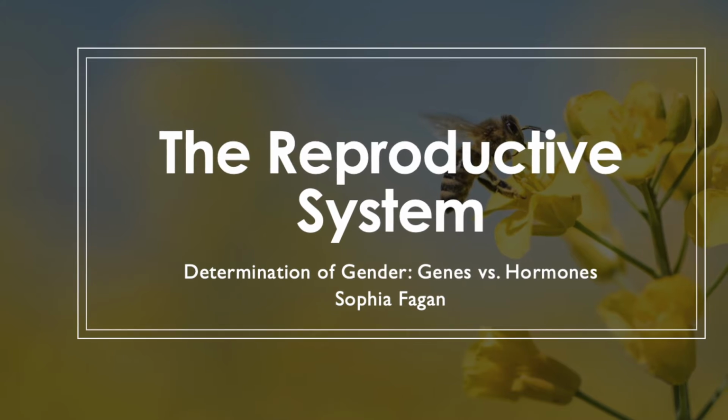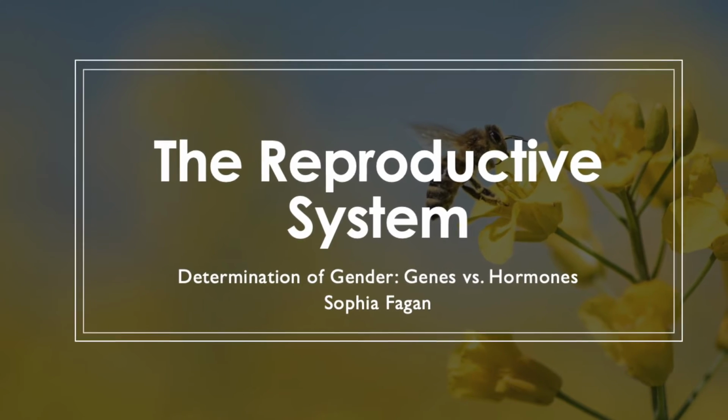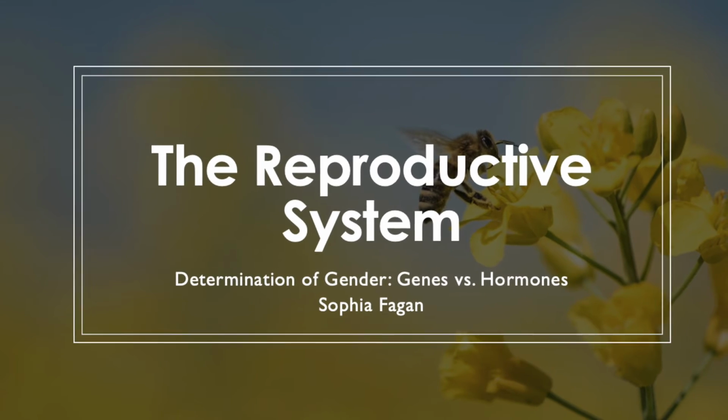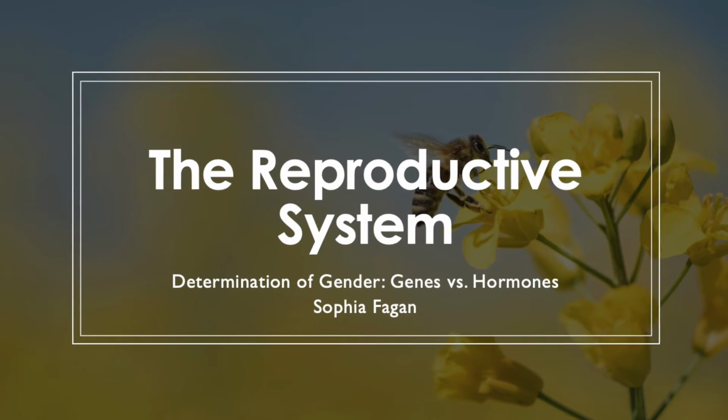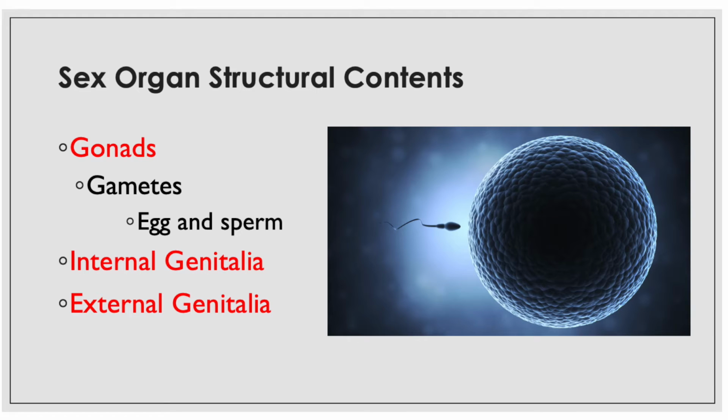Today, I will be talking to you about the reproductive system of the human body, more specifically, the determination of gender, genes versus hormones. The sex organs of both males and females consist of three sets of structures, which are the gonads, the internal genitalia, and the external genitalia.